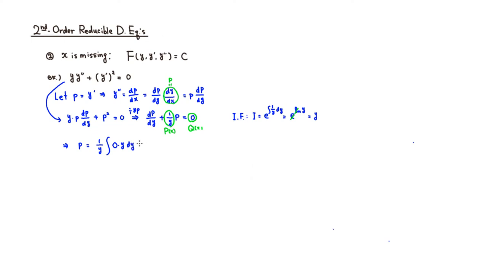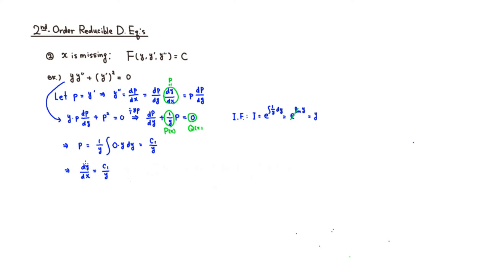The integral of 0 is just a constant, so I'm going to call it c1 over y. Now remember that p is originally y prime, so we get dy over dx equal to c1 over y.